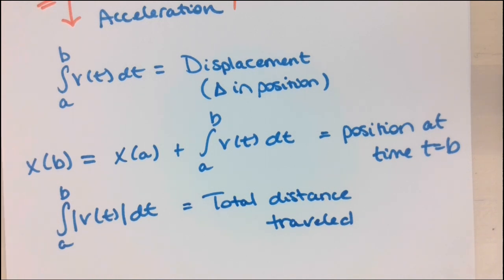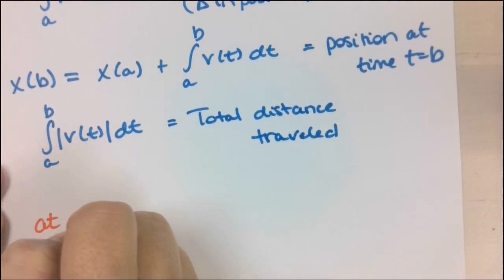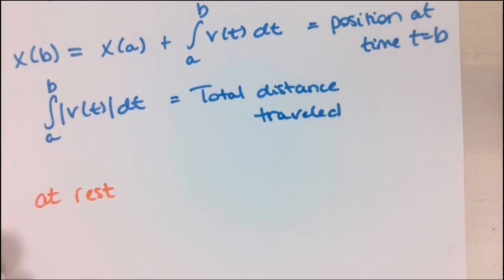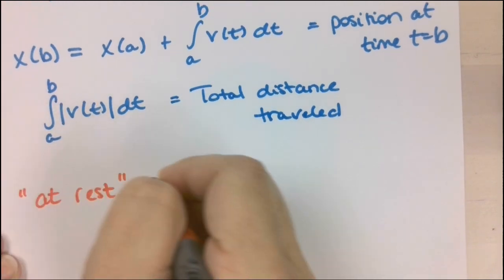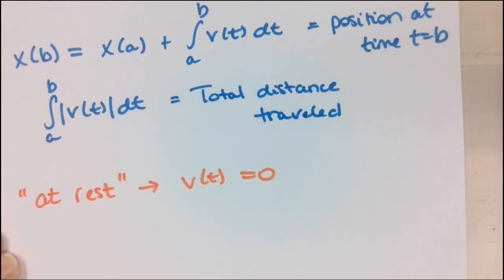There is some important vocabulary that has to do with velocity that we need to be clear about. Whenever we are asked a question about a particle being at rest, that means that our velocity is equal to 0.